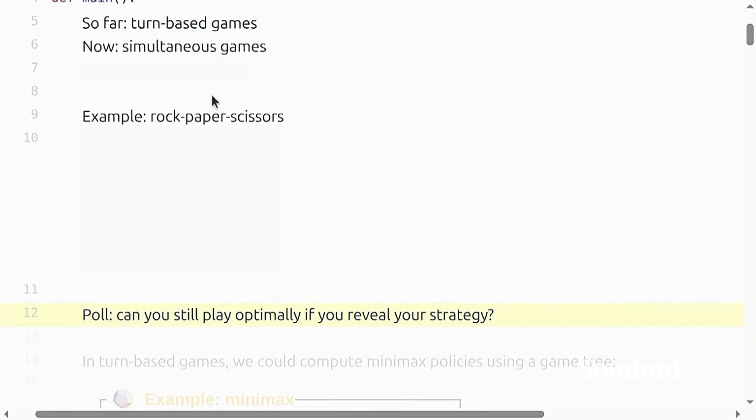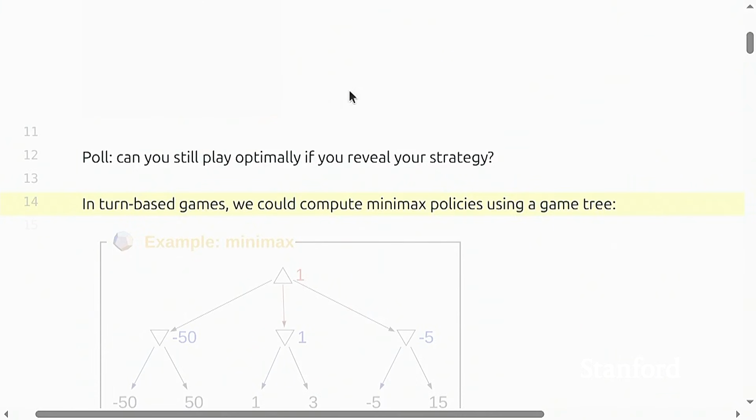Can you still play optimally if you reveal your strategy to the other player? Obviously, if I am playing rock, paper, scissors and I say, I'm going to play rock, that is not very smart. But is there a way to play optimally if you still reveal your strategy? And the answer turns out to depend on what kind of strategies you're allowed to use.